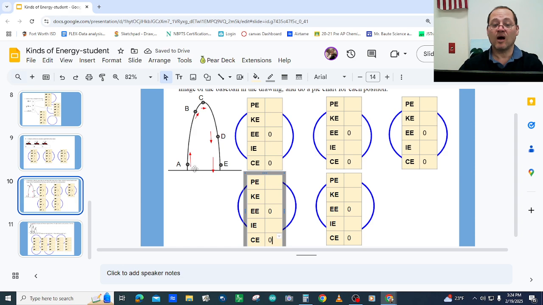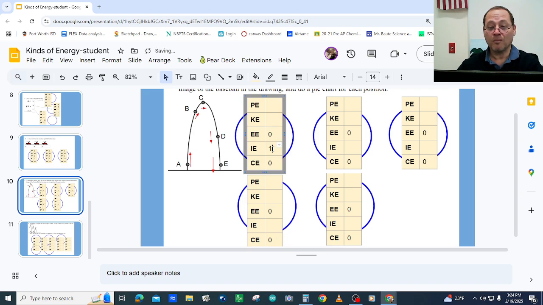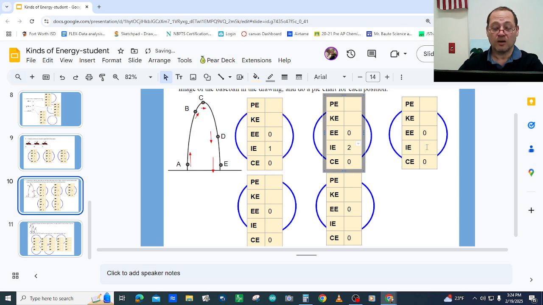All right, so now at point A, the height is minimum, but the speed is maximum. I will assign 1% for internal energy at point A, and that will increase by 1 at point B, and then 3% at point C, 4% at point D, and finally 5% at point E.